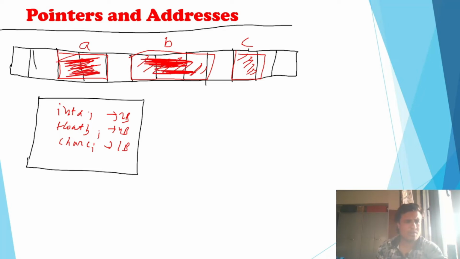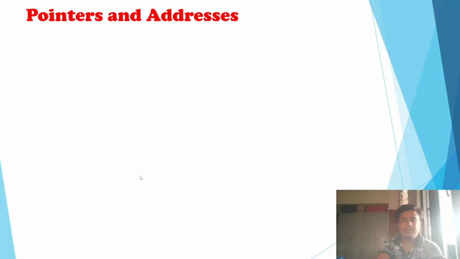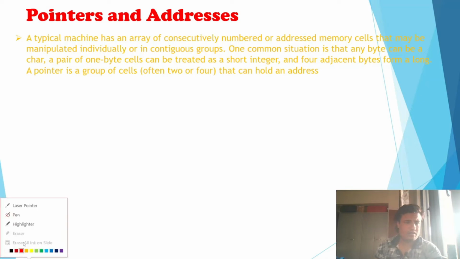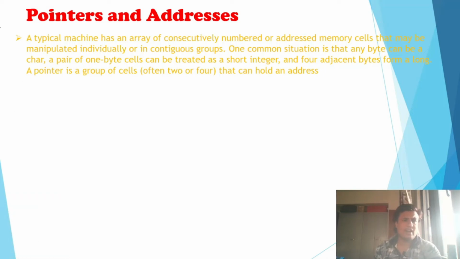Now let me show you the point here. What I have explained there is made clearer by this point. A typical machine has an array of consecutively numbered or addressed memory cells, which I have told you about, and which may be manipulated individually.